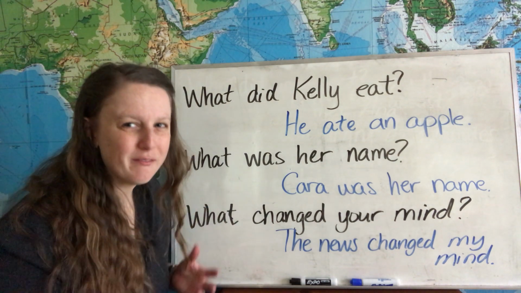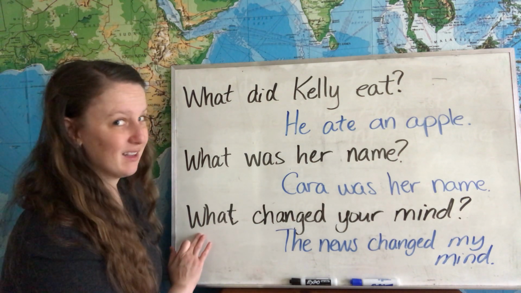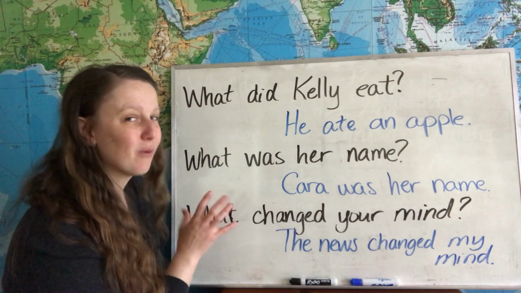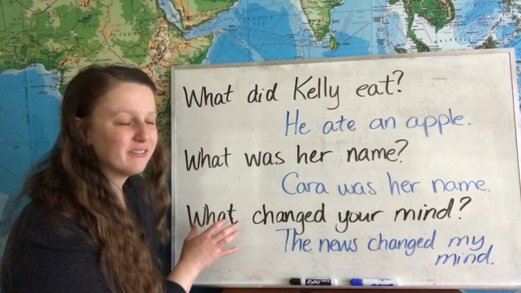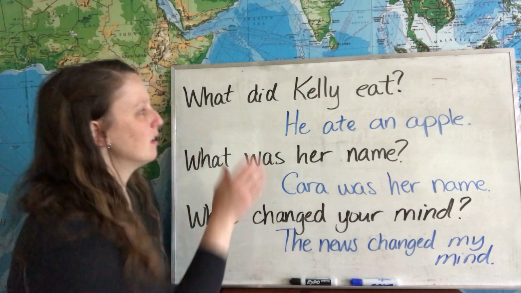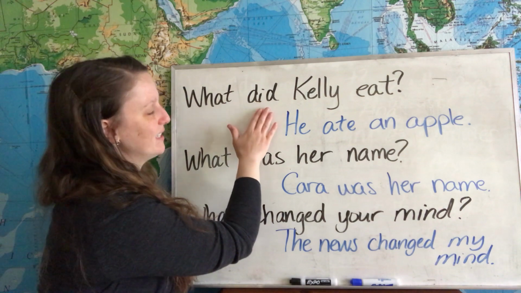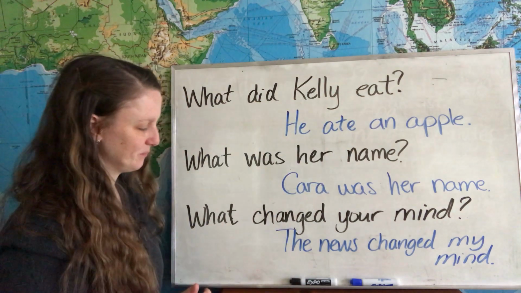So you might be figuring it out now that if what is the subject, the grammar of the question is a little bit different from what as the object. You can see with what as the object, we use what did, subject verb.